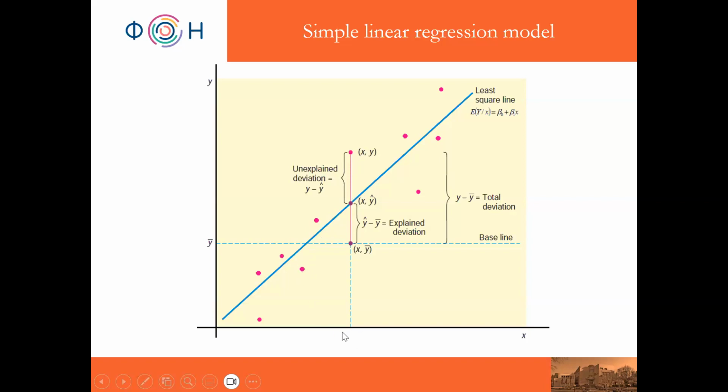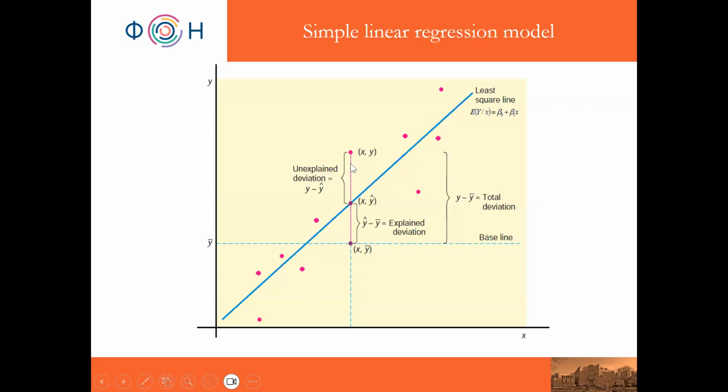If we put the value of x in our model, we are going to have this point here, the point on our line. So our idea is to draw a line so that these differences between the dots and the line are the smallest possible.